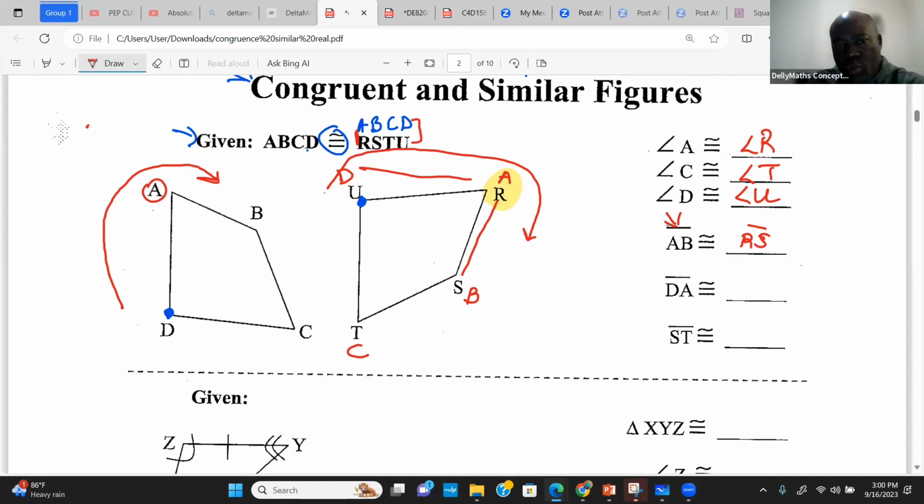It is the same as UR. And ST, which is along here, is the same as BC. Please bear in mind that you have to move in the same order of the points that you get.